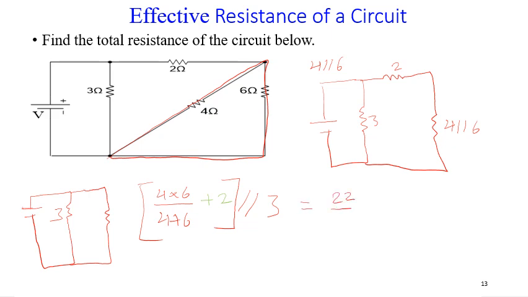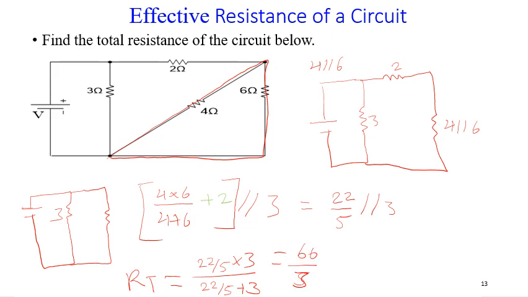When we do our mathematics here, we get 22 over 5 parallel 3. So finally our RT here is equal to 22 over 5 times 3 all over 22 over 5 plus 3. Finally we get 66 over 37.